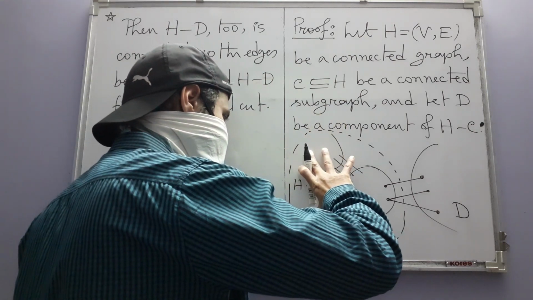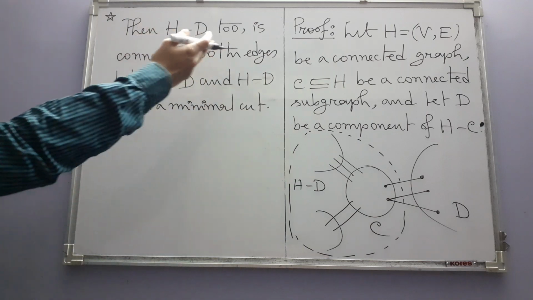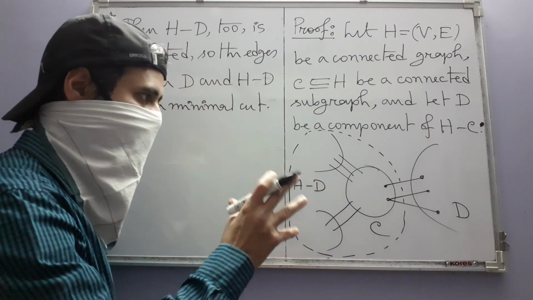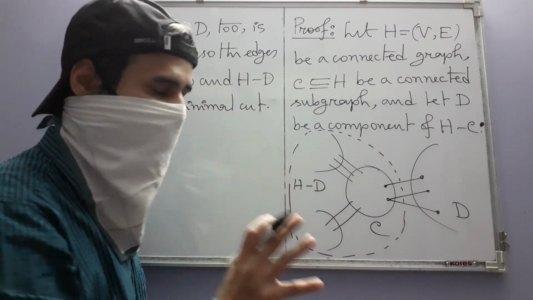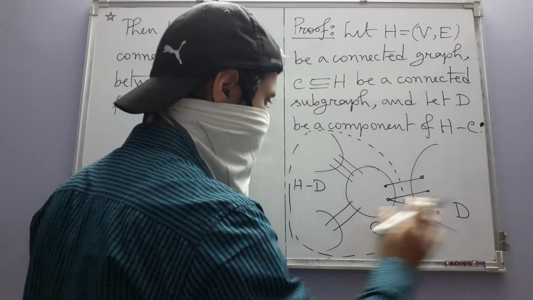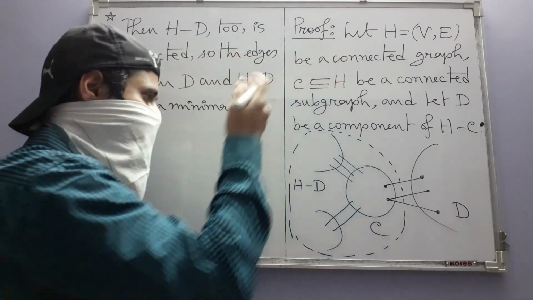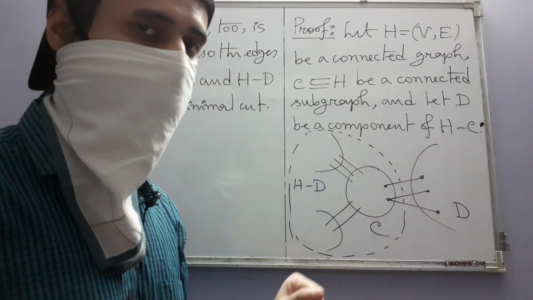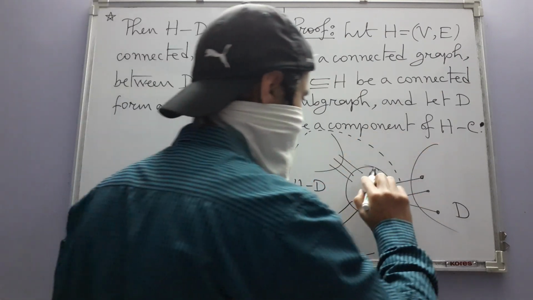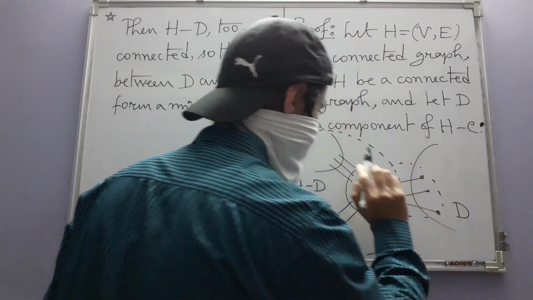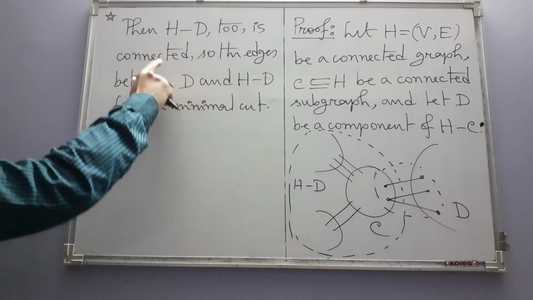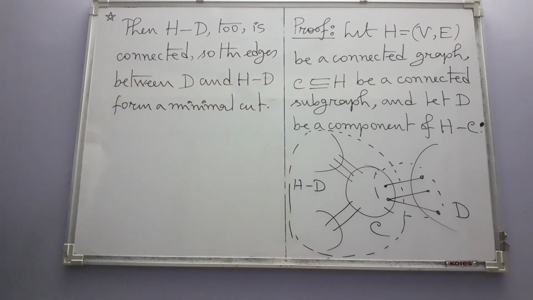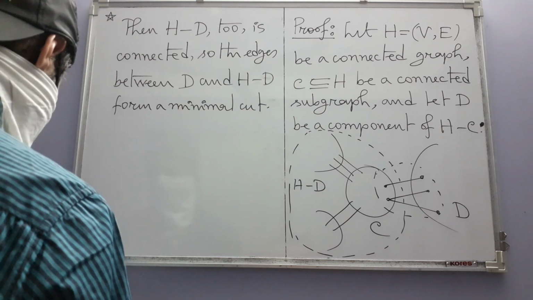This part, H minus D, is connected, that's what we have concluded just now, and D being a component is of course itself connected. It's a connected subgraph of H. But we have already seen that when connected subgraphs are induced on the two sides, this becomes a minimal cut. So the edges between D and H minus D form a minimal cut when this happens.